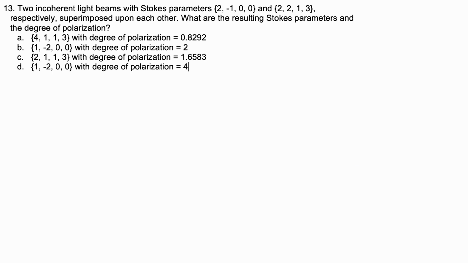To finalize the multiple-choice questions, let's do some calculation of Stokes parameters. So we have two incoherent lines. Here the key is when we have incoherent light, we need to think about summation. We need to sum the Stokes parameters. They told us the individual Stokes parameters.